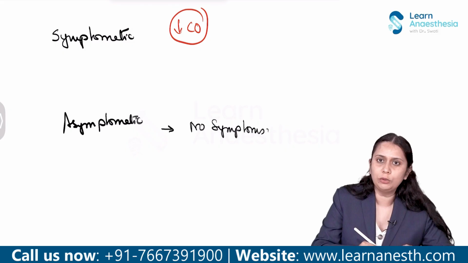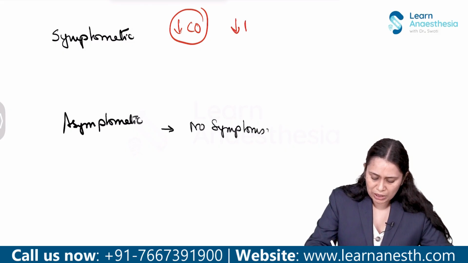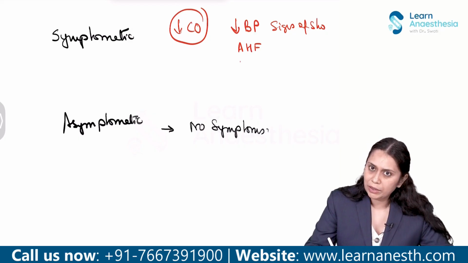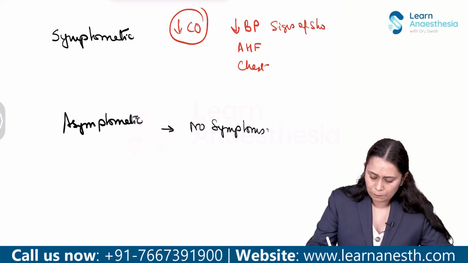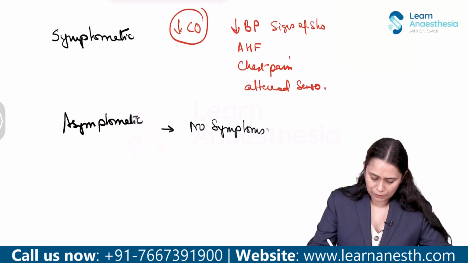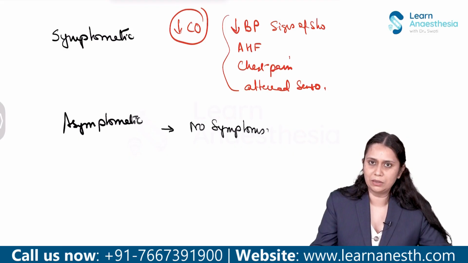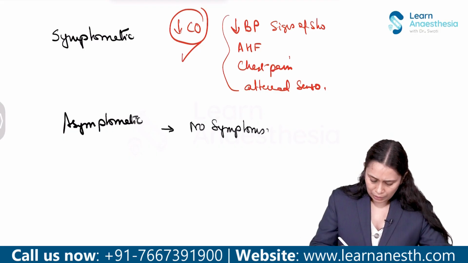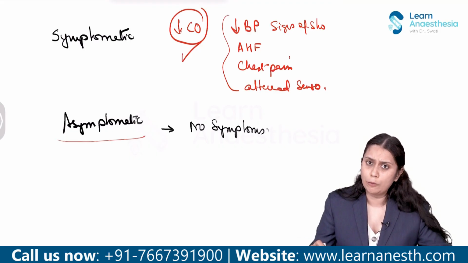Because of low cardiac output, the patient is having decreased blood pressure, so signs of shock, acute heart failure because of ischemia to the heart, clinical features of chest pain, and altered sensorium because of decreased blood flow to the brain. So this makes it symptomatic, right? Symptomatic bradycardia has to be treated, and asymptomatic mostly has to be observed.